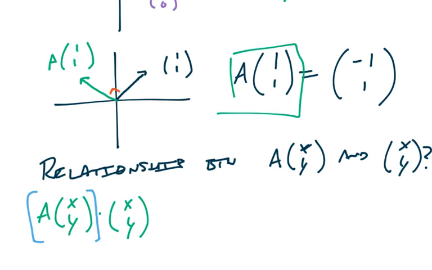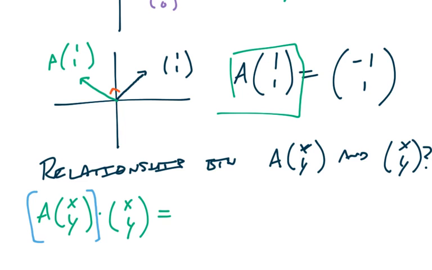That makes no sense whatsoever. Just in terms of things working out correctly algebraically, it's got to be A applied to the vector xy, then dot with the vector xy. Order of operations matters here, because matrix multiplication is weird and dot products are a little weird.